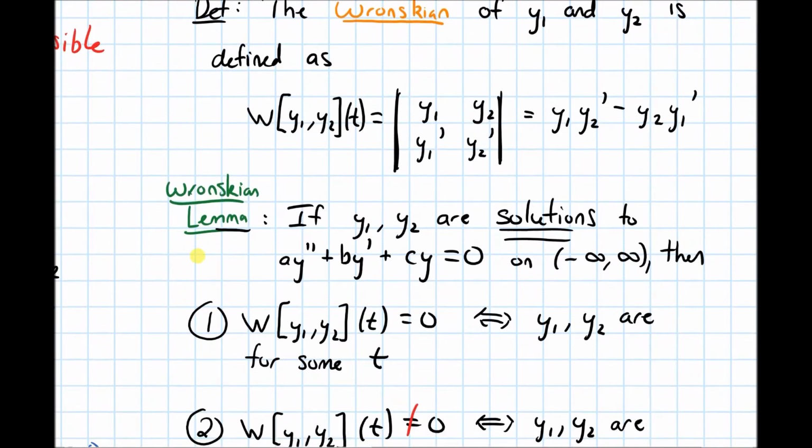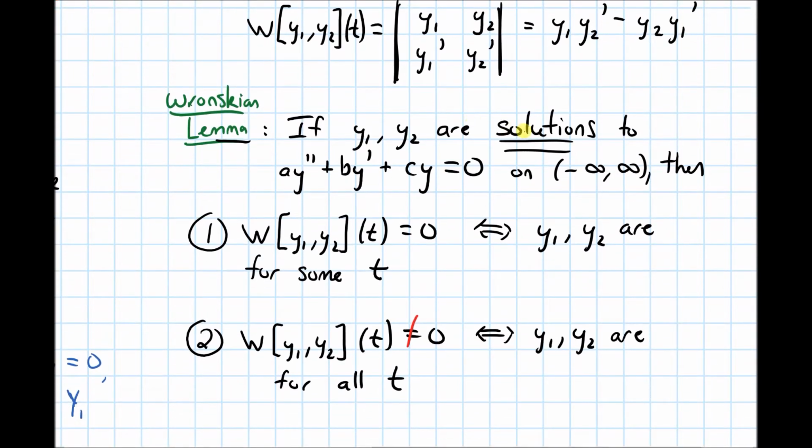It says that if y1 and y2 are solutions to a y double prime plus b y prime plus c y equals 0 on the interval from negative infinity to infinity, so they have to be solutions everywhere, then the Wronskian of those two solutions is 0 for some value of t if and only if the two solutions are linearly dependent.